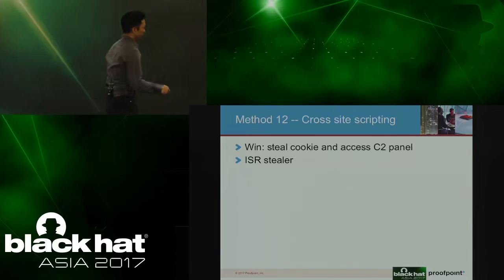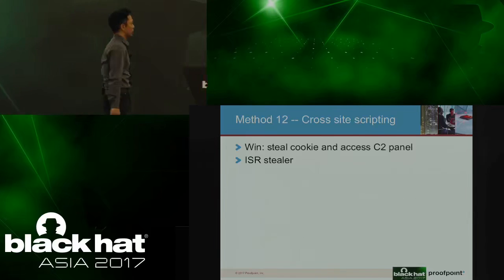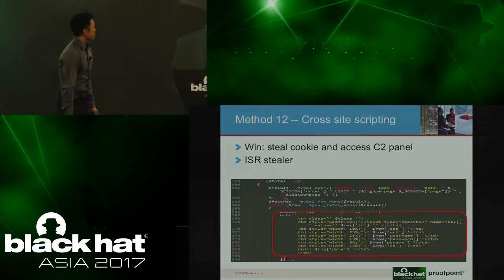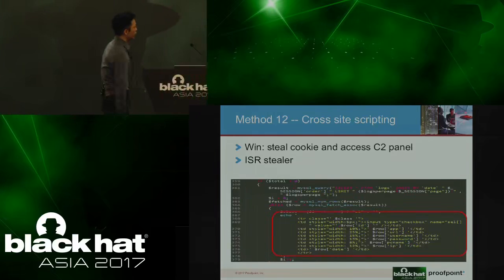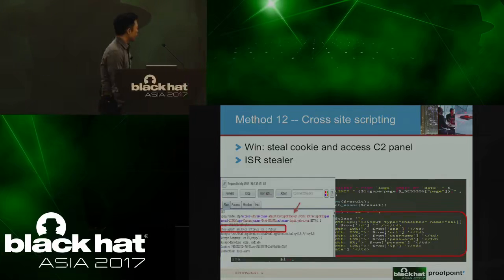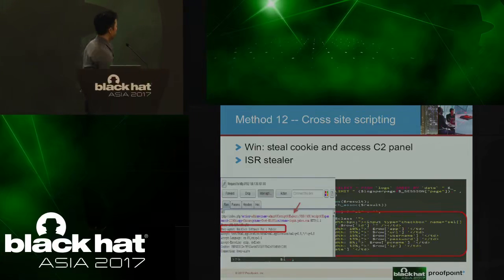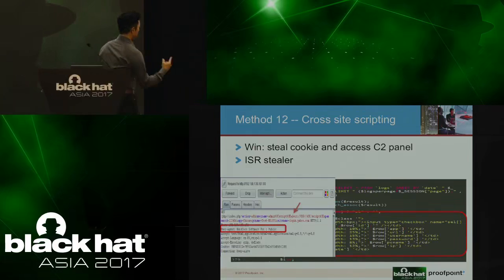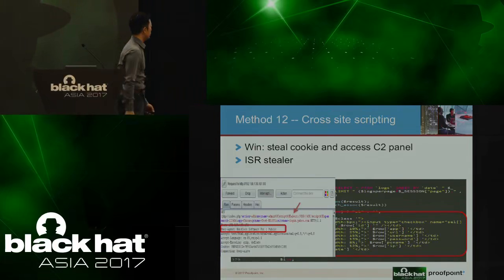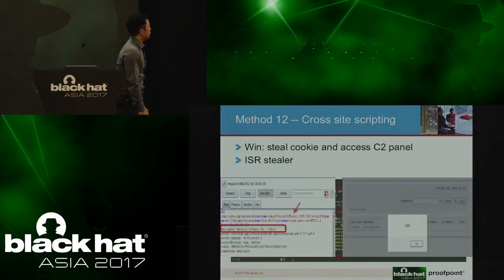So what we did was we did it against this group, the ISR stealer actor. They have cross-site scripting in their code. They weren't checking the variables, the GET variables that they were using. They were checking for the user agent string. So we're able to cross-site them, and it's a persistent cross-site.